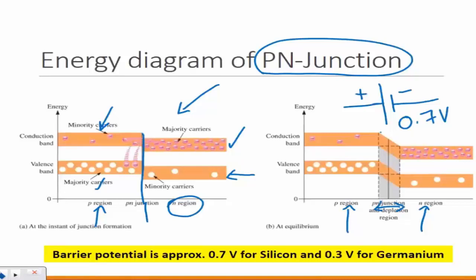It's always going to be available there. So again, that re-emphasizes that if it is silicon based, that 0.7 volts will be across the junction already.